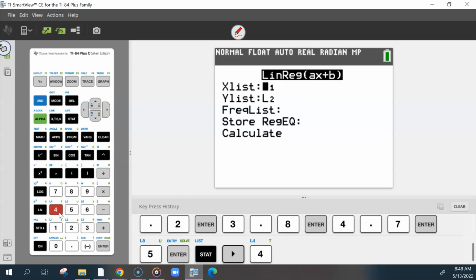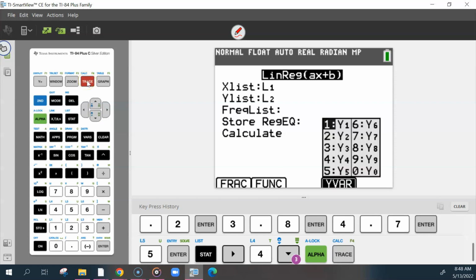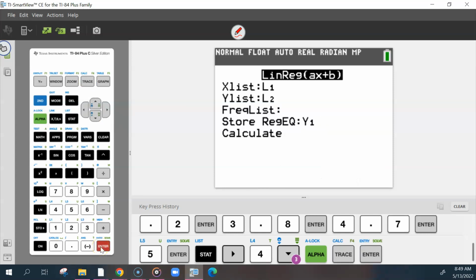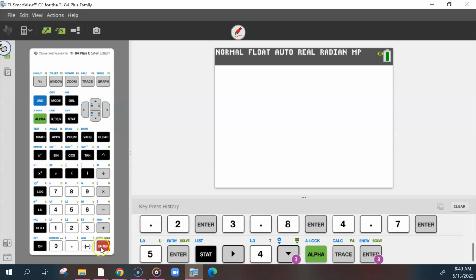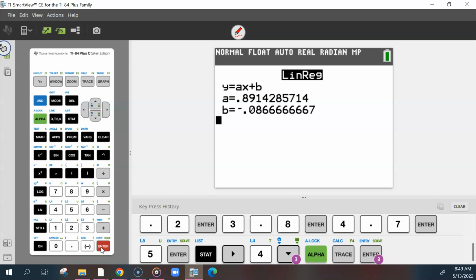And then in this case, because number 2 is asking about using this, I'm going to store this. So go down to Store, hit Alpha, hit Trace, and store it in one of these by hitting Enter. And then either hit Enter twice or go down to Calculate and hit Enter. It'll give you those same decimals, so you would use those decimals to write your equation for number 1.